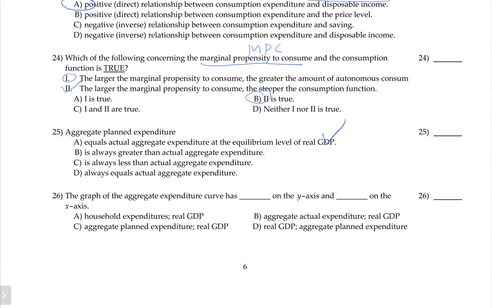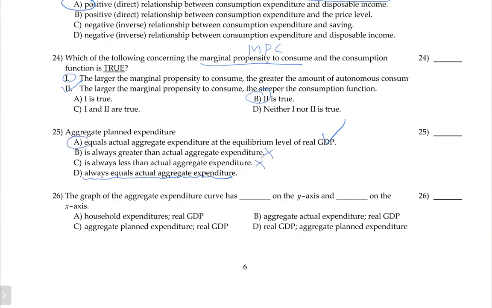That's not true, right? And C is the same. Okay, and D is also, this is always equal to actual aggregate expenditure. It only equals actual aggregate expenditure when we are at the equilibrium level.